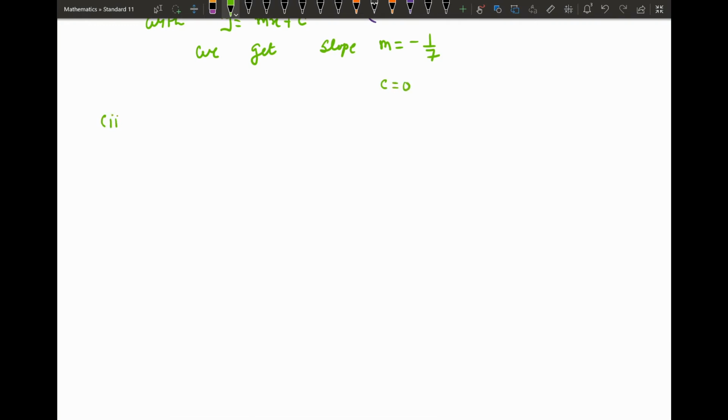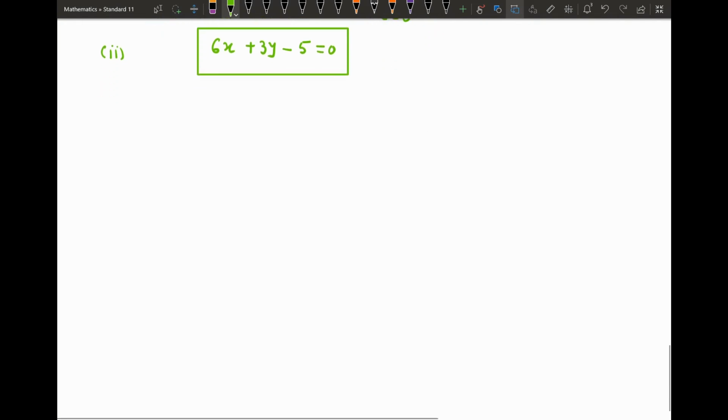Second one, 6x plus 3y minus 5 equal to 0. So for this equation we have to find the slope and its y-intercept.